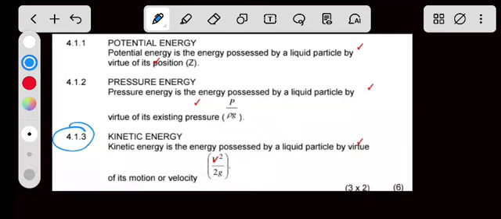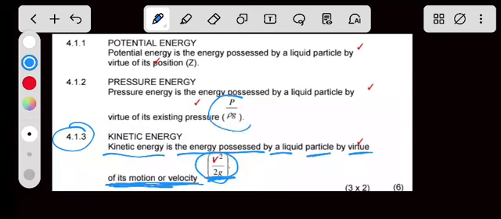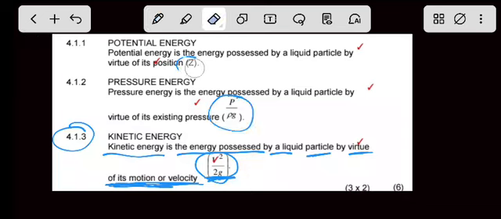The kinetic energy is the energy possessed by a liquid particle by virtue of its motion or velocity. This is what we have so far.